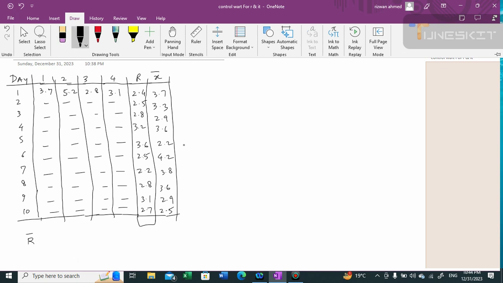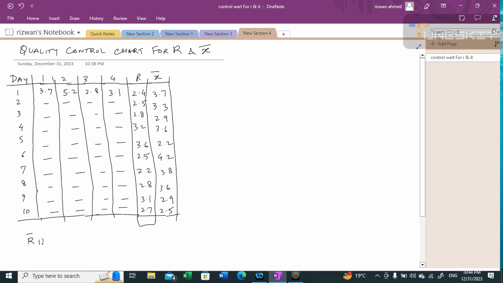That is already evaluated and incorporated in the factors for control charts table. R bar D3 gives you the lower control limit, and R bar D4 gives you the upper control limit.